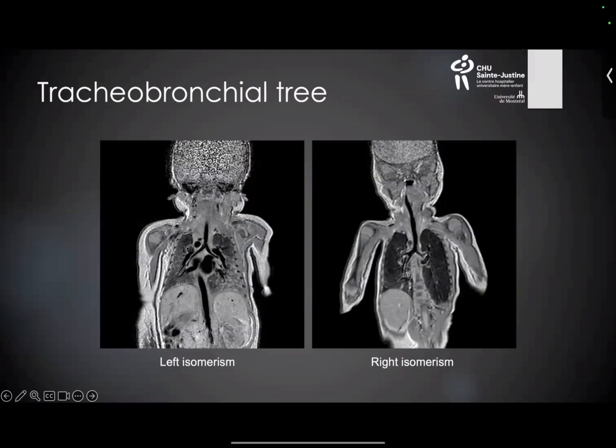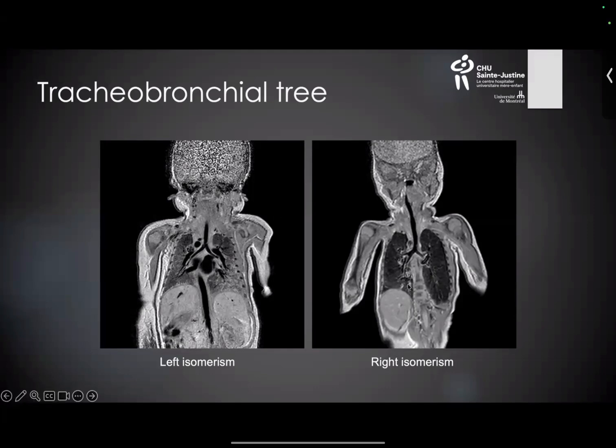So here's an example of the tracheobronchial tree when you have those ambiguous situs. Here it's a case of left isomerism, where you have two left main bronchi. A left main bronchus is J-shaped with only two lobes, and it's hyparterial because the pulmonary artery crosses it.